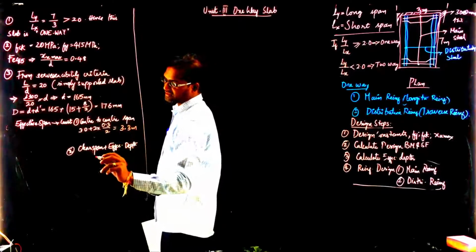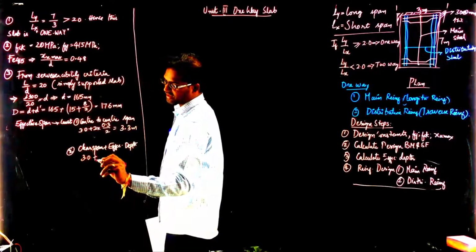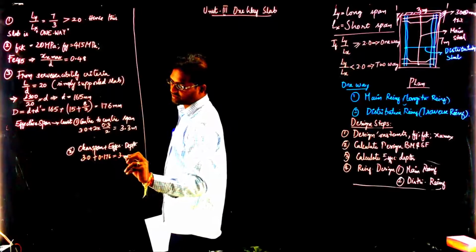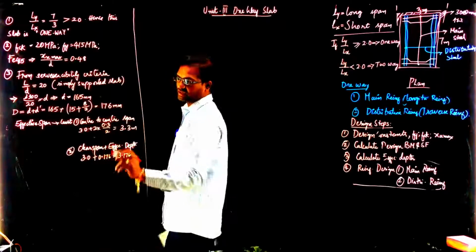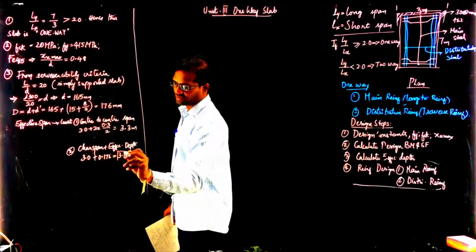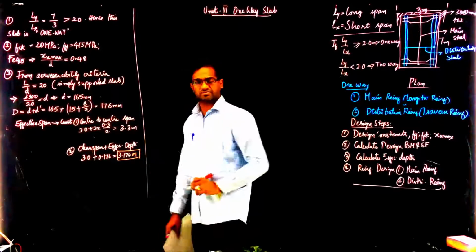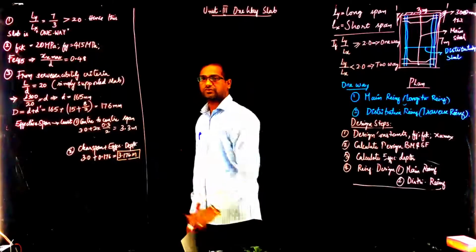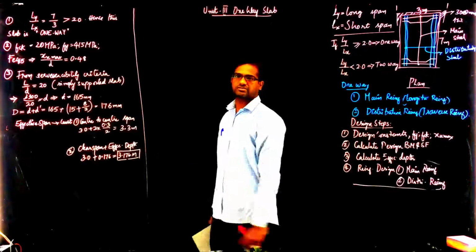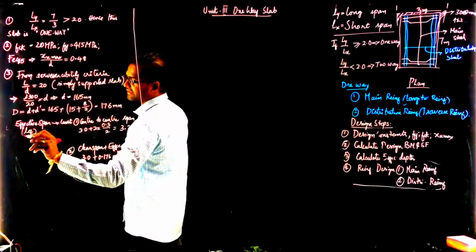Clear span is 3 meters and effective depth is 0.176, so this is 3.176. The least of these values is taken, not the highest. So the effective span is 3.176 meters. It is useful when calculating the bending moment, WL square by 8. The effective span is normally denoted by Lef.